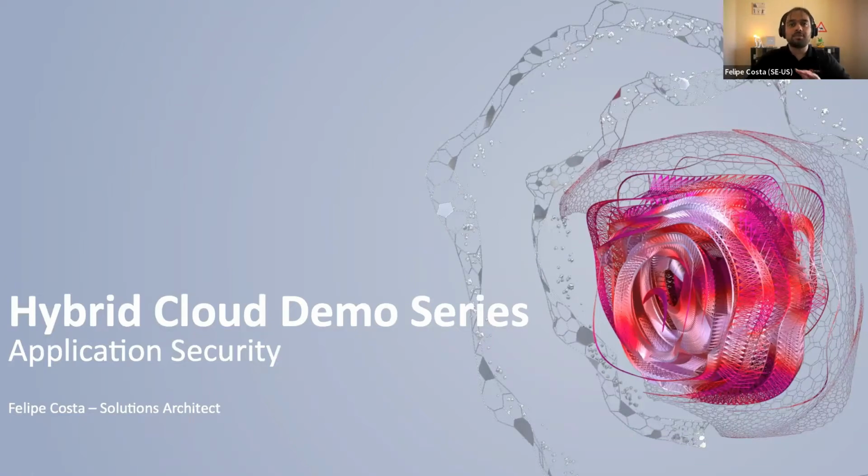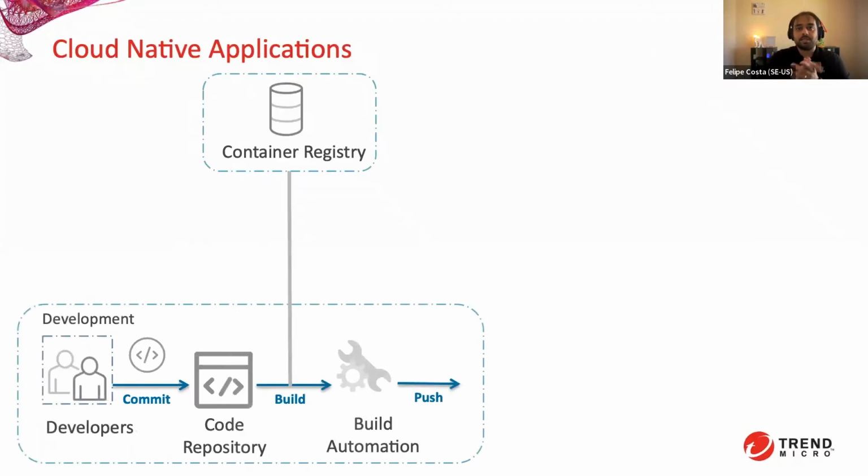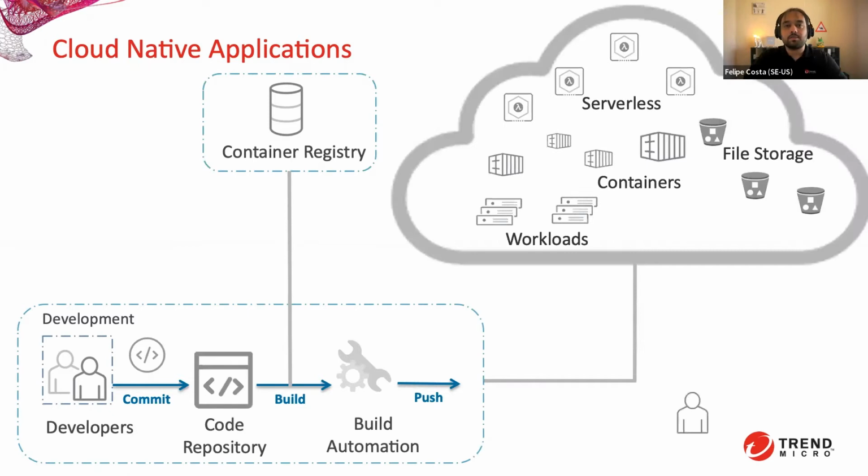I have a couple of slides that are going to contextualize a little bit what I'm going to talk about and how cloud native applications have been used these days. So let's talk a little bit about cloud native applications. Cloud native applications are not a single component that you can just deploy to the infrastructure.